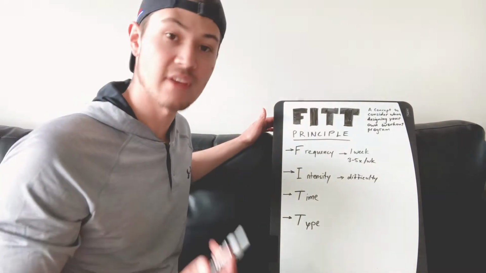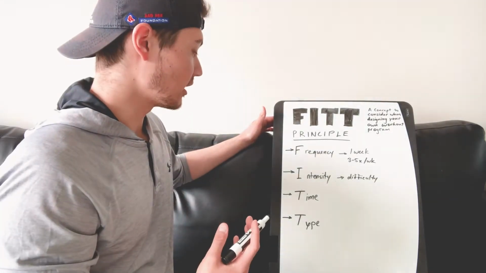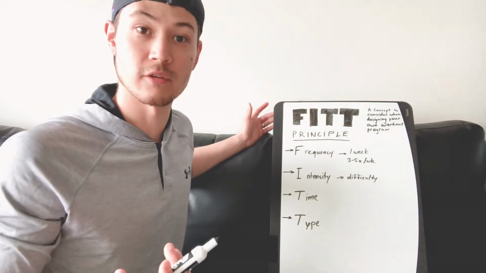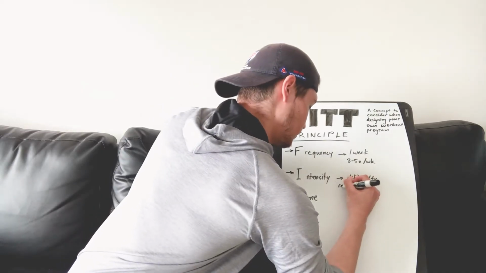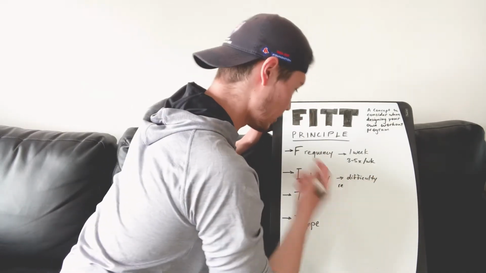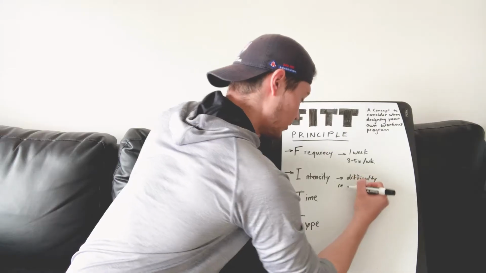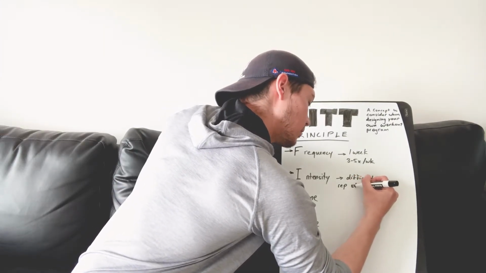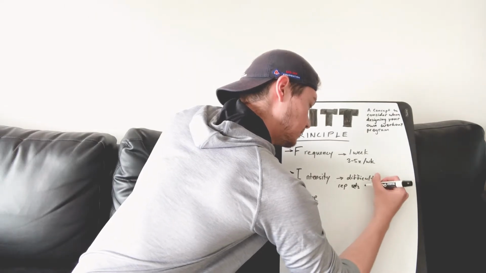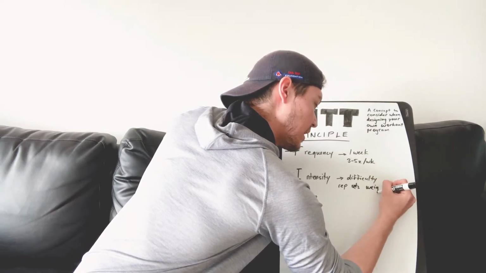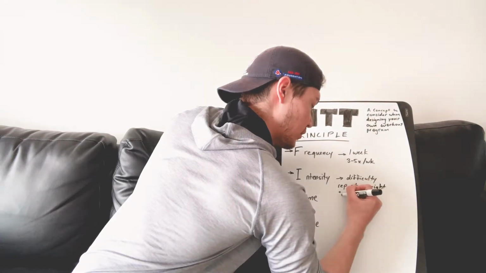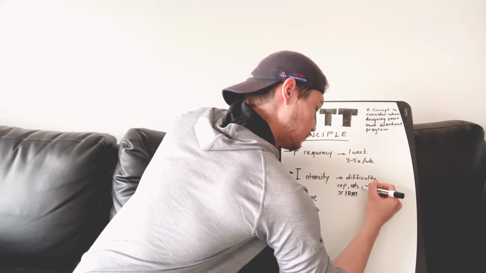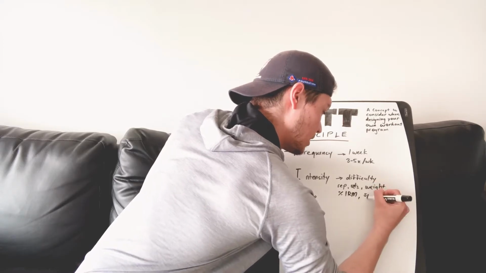That can mean the amount of sets, reps, the weight you're using, the percent of your 1 rep max that you're using if we're considering strength, the speed that you're doing it with, the amount of power. So a lot of different variables. Again, we'll go over it at the end once we talk about goals. So sets, reps, weight, percent of your 1 rep max, speed.